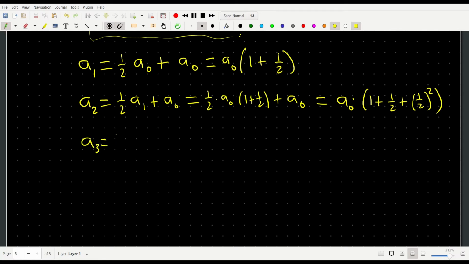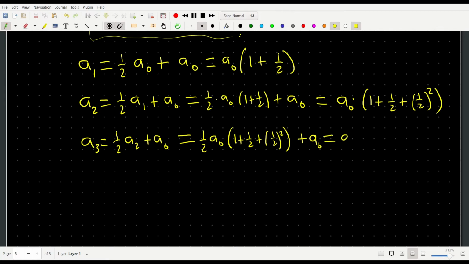a_3 is going to be 1/2 a_2 plus a_0, which is equal to 1/2 a_0 times (1 plus 1/2 plus 1/2 squared), all plus a_0.